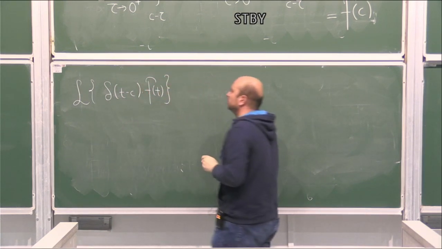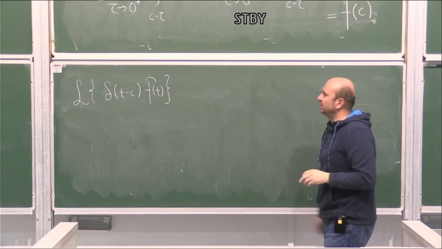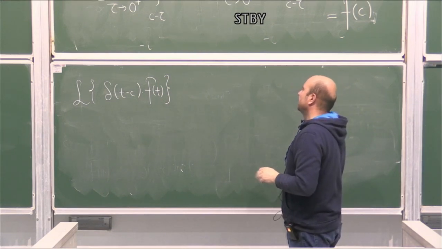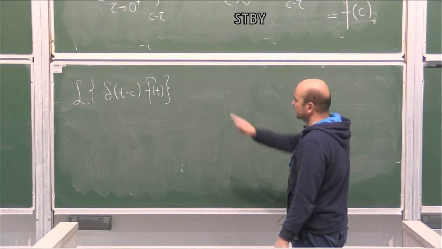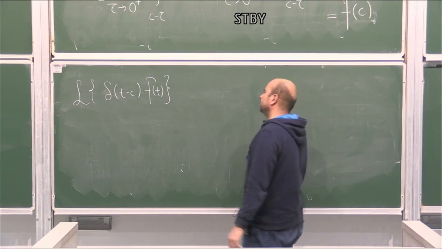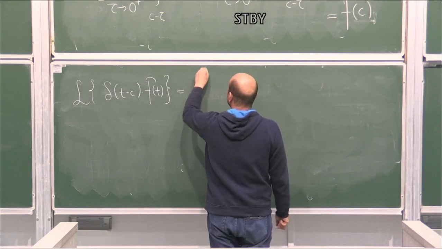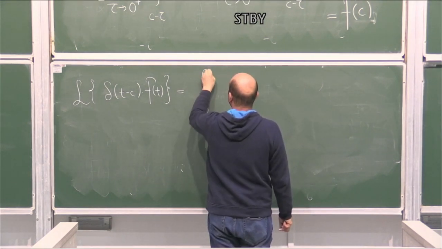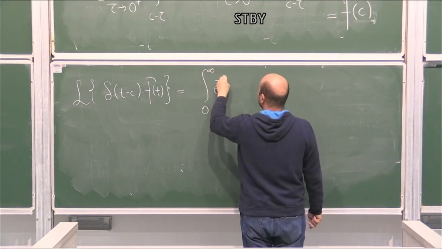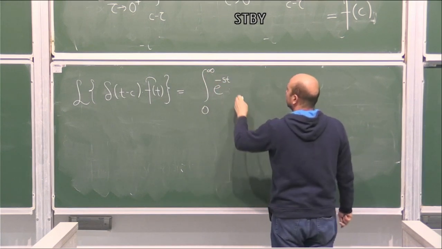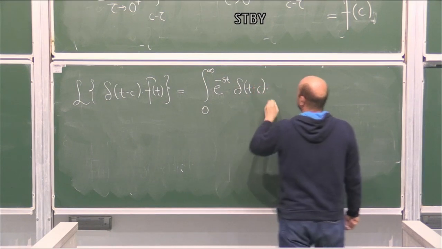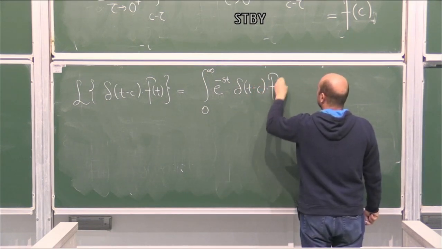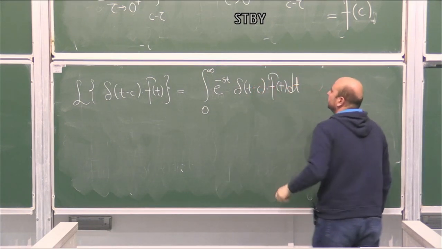In the special case when f of t is 1, we get just the Laplace of this delta function at c. So this is the integral from 0 to infinity of e to the minus st times delta function times f of t dt.